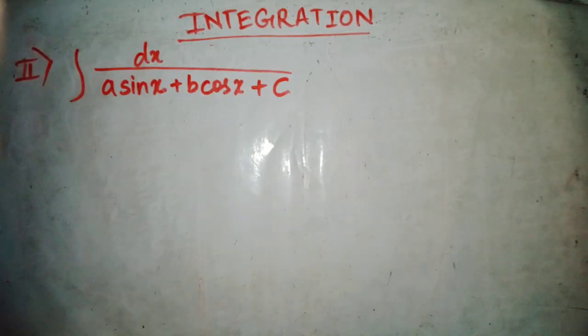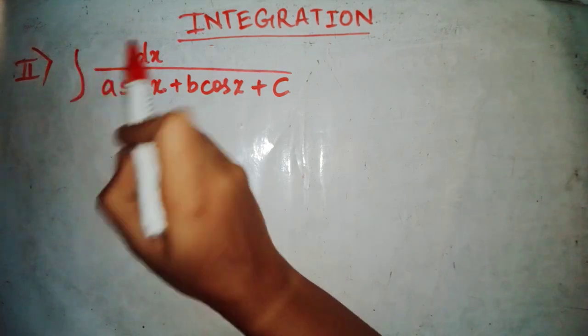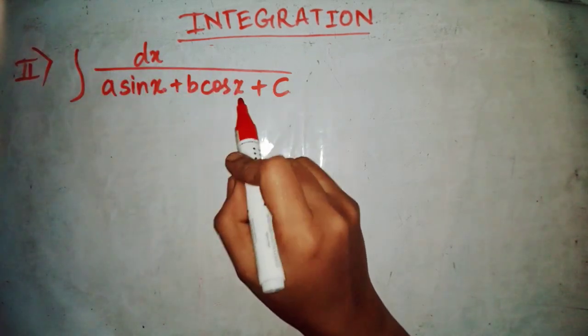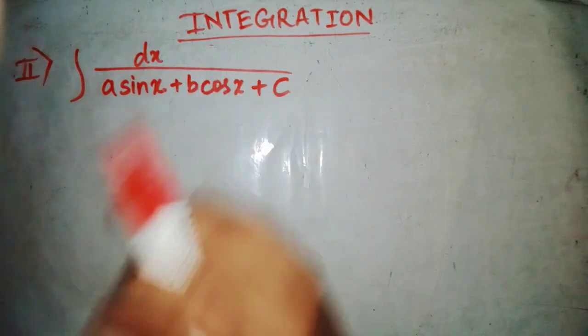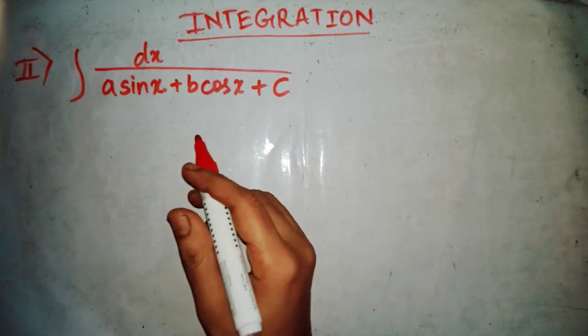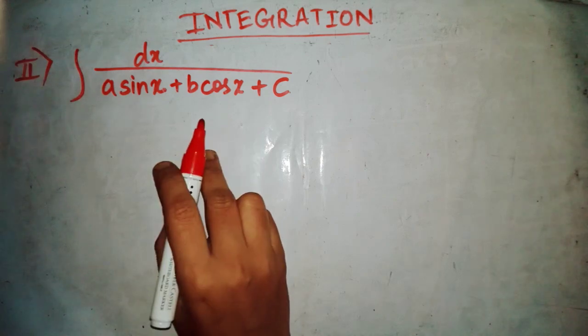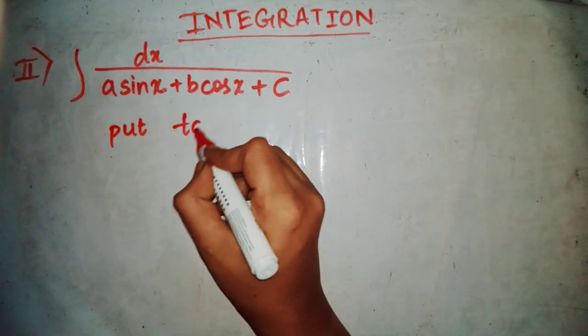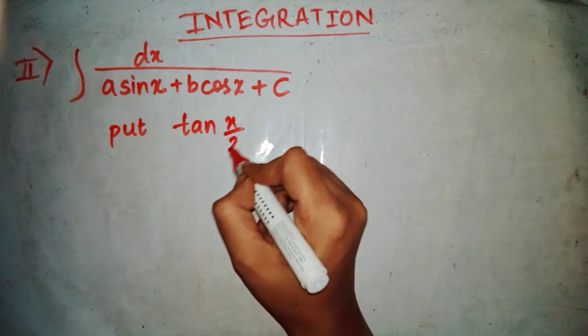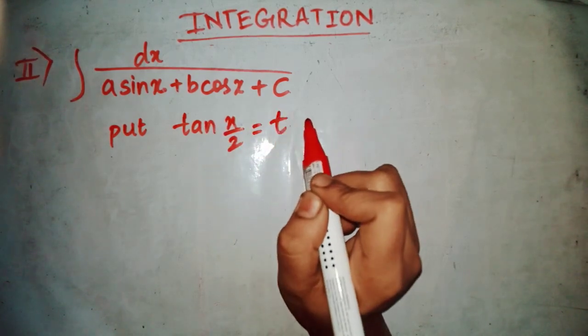So this is one more of a kind. Okay, so here the integral dx upon a sin x plus b cos x plus c is given. Here you have to substitute tan x by 2 as t.